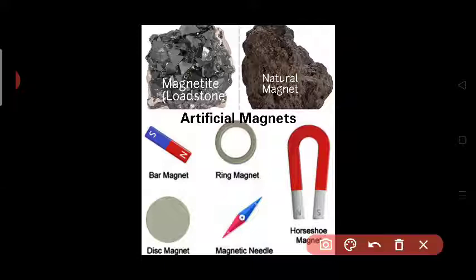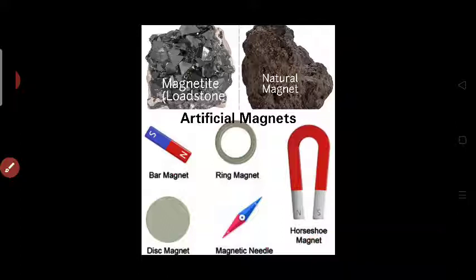The second one is artificial magnet or man-made magnets. Here are the examples: bar magnet, ring magnet, horseshoe magnet, magnetic needle, and disc magnet. These are all examples of artificial magnets. Artificial magnets are made by man using different magnetic metals such as iron, cobalt, or nickel by using different techniques.